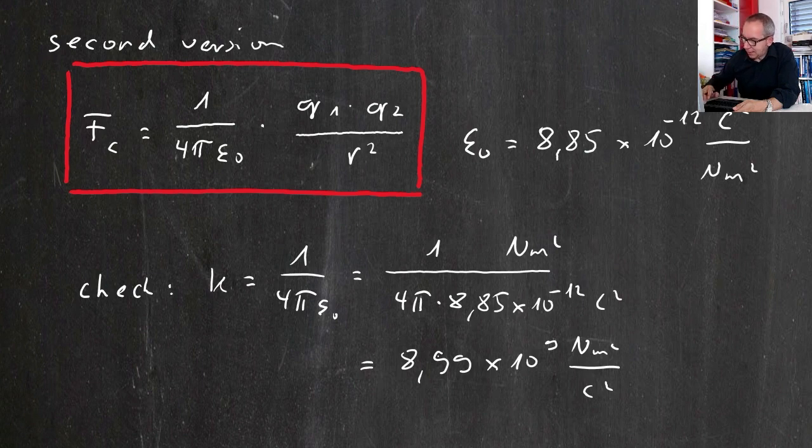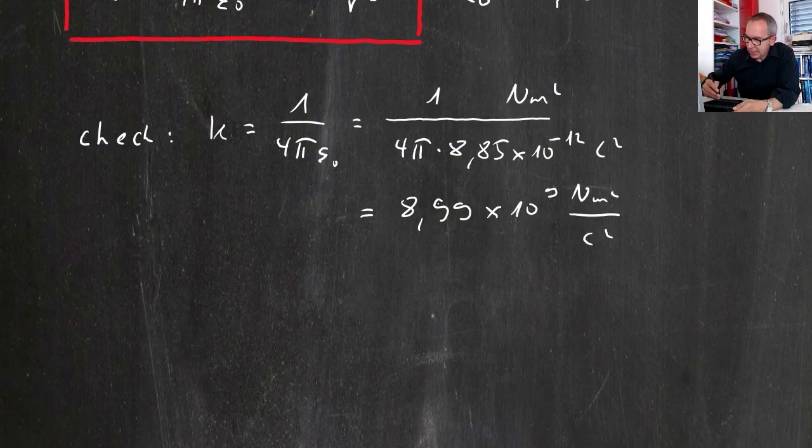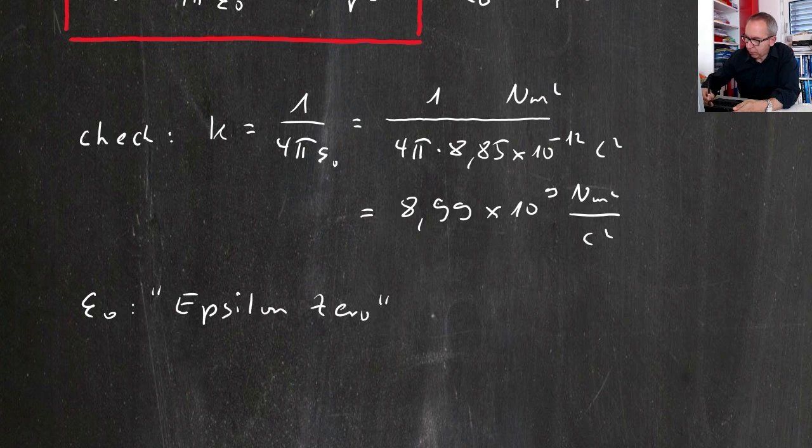This epsilon 0 is, as I have now said, very often referred to as epsilon 0. Epsilon is this Greek letter that you can see here, but in reality this number is called permittivity.